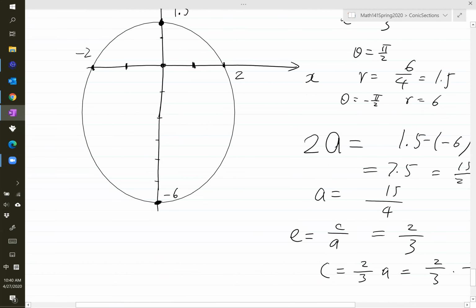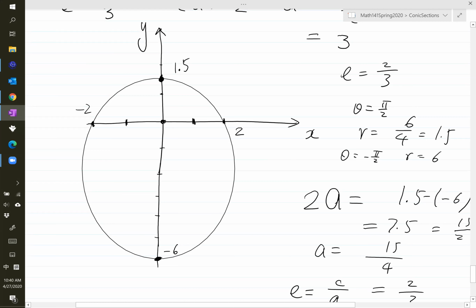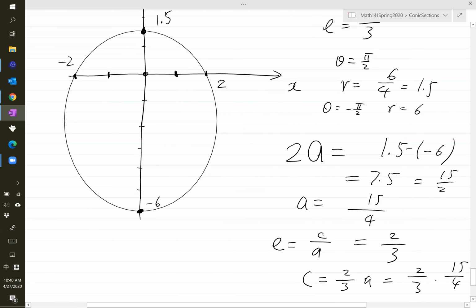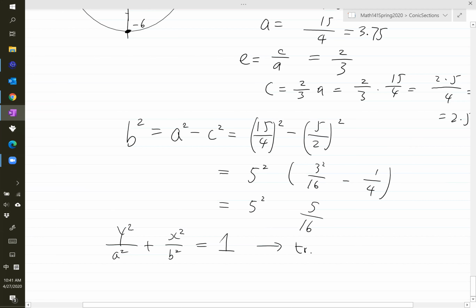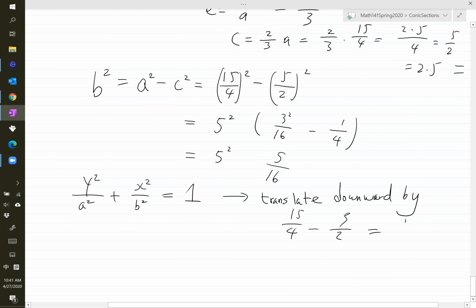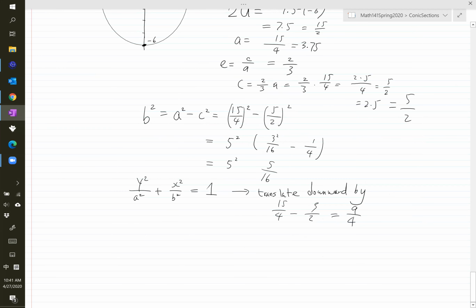But we need to translate it downward. How do we determine the translation? The top is 3.75, and now it becomes 1.5, so we translate downward by 15/4 minus 3/2, which is 9/4.